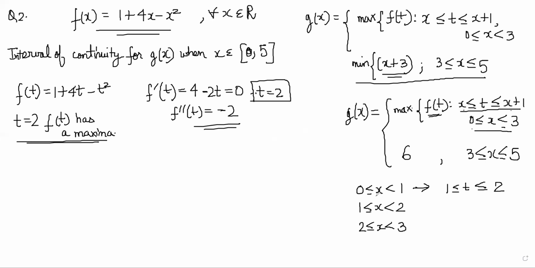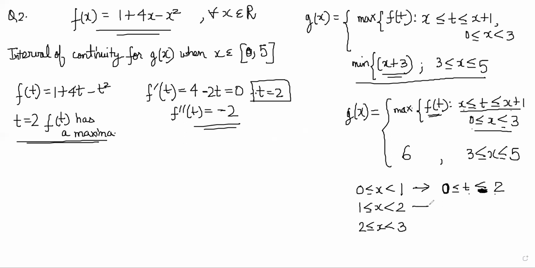t grows from x to x plus 1, right? So x could be 0 and x could be just near 1, right? So t could be up to just less than 2, right? Correct. So won't it be less than equal to 3 in the last case? Okay, no, wait.